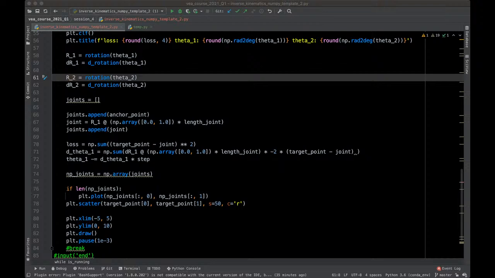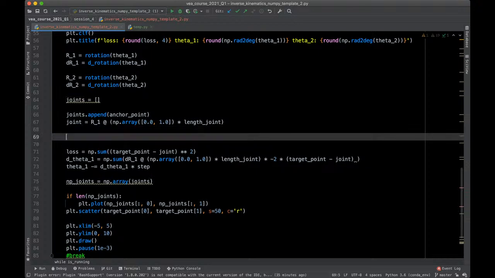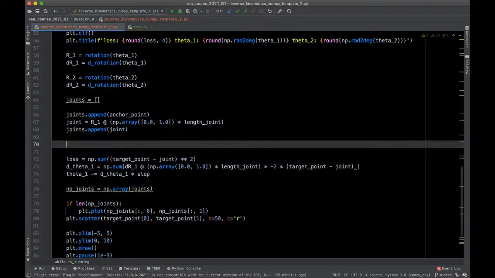In that case, you also had to multiply the joints in the correct order. So here we need to copy again the joint.